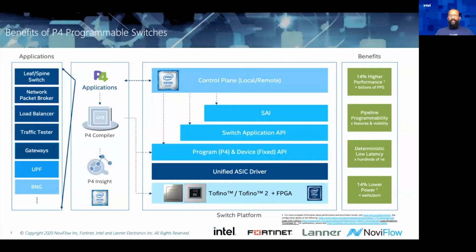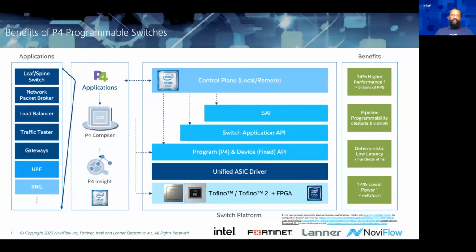So, for example, we compared a Tofino platform with an equivalent platform based on a fixed function ASIC, and we saw that the Tofino platform performs 14% higher in performance, and actually consumes 14% lower in power.